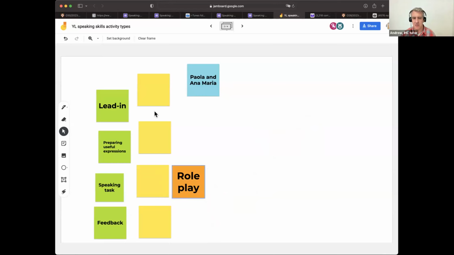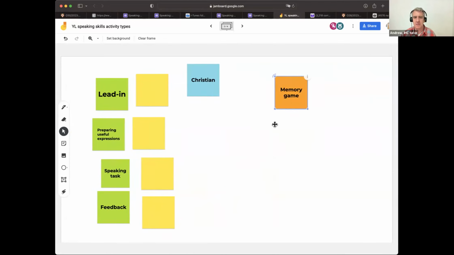So you need to think about what are the other stages that would lead to the role play, and how would you give feedback on the role play? Yeah. So Christian, yours would be the memory game itself. All right, I'll give you a few minutes to think about what would be the stages before and after.